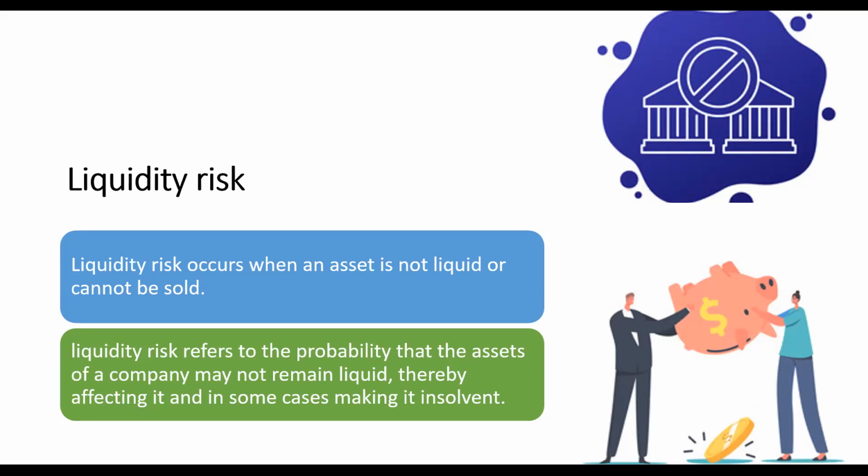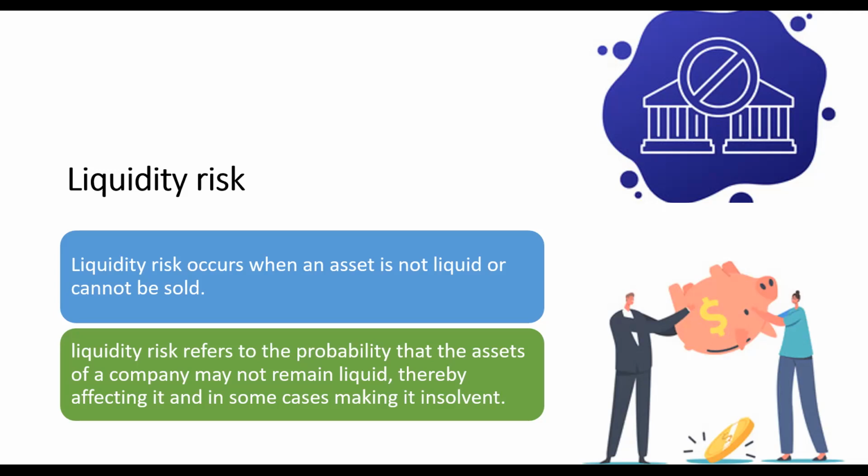What will happen in this case? Think that you're not able to convert your assets into liquid form. You cannot sell it, you cannot use it, you cannot convert it into cash. Then it is a waste of having that asset.